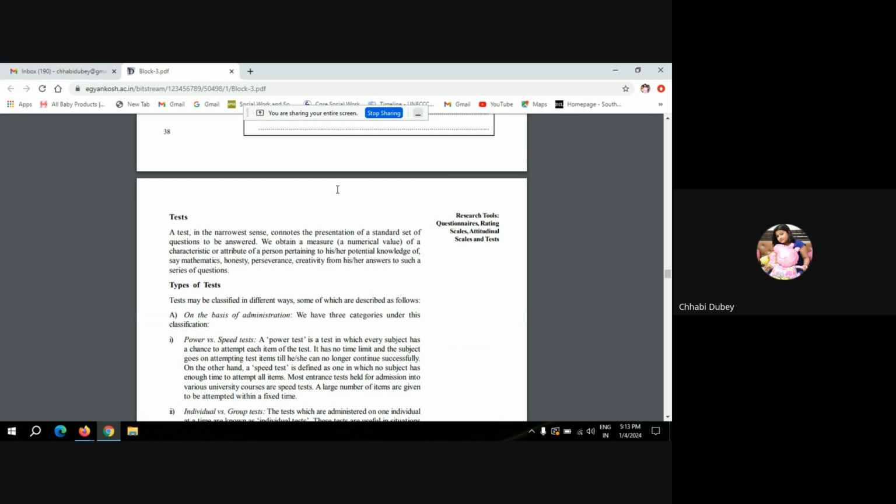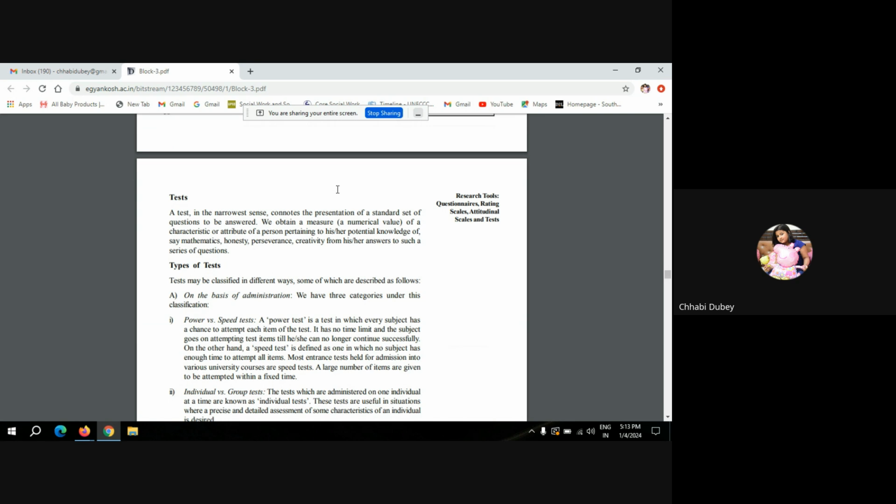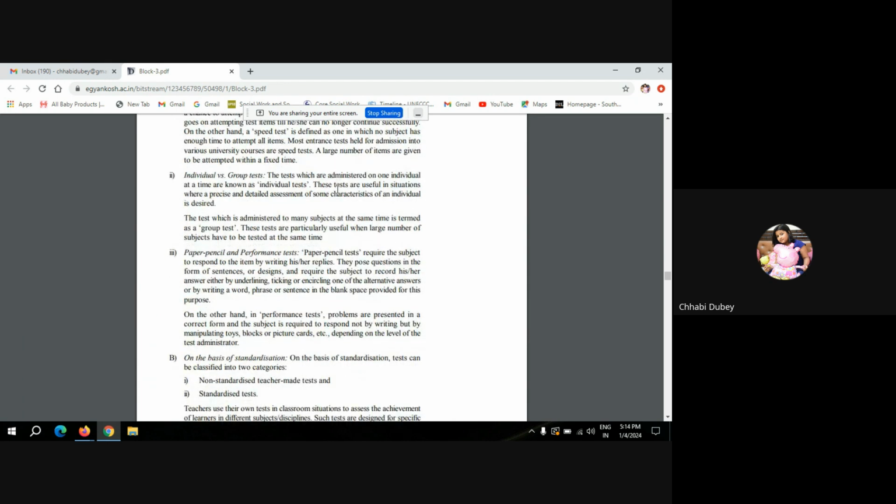So there can be different types of tests. On the basis of administration, there are three categories: the power versus the speed test, the individual versus the group test, and the paper-pencil versus the performance test. These are the various tests which are generally used.